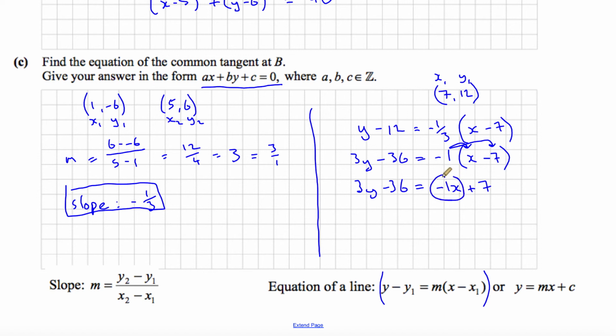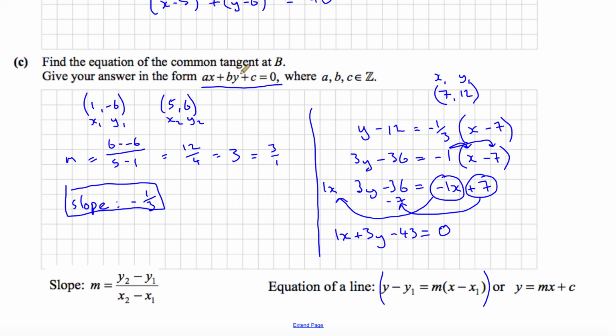So finally then we're going to bring both of these over to the left. That becomes 1x, and then positive 7 becomes a negative 7. So that gives me 1x plus 3y minus 36 minus 7 is minus 43, and equal to 0 on the right side.